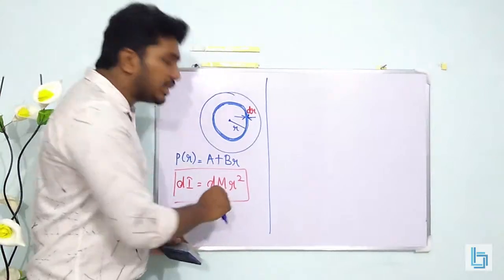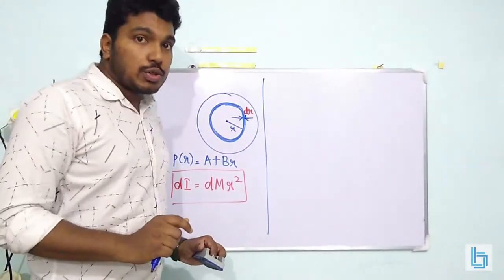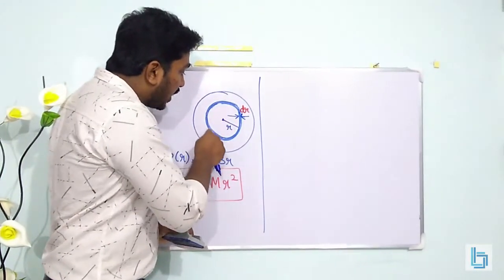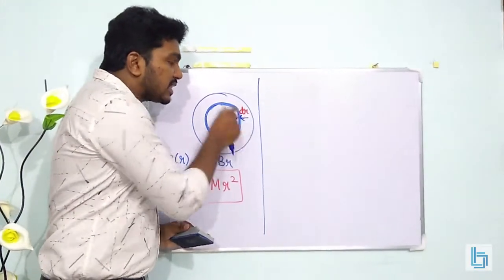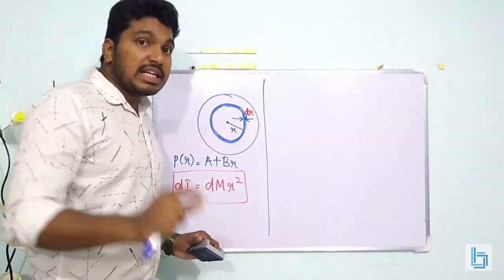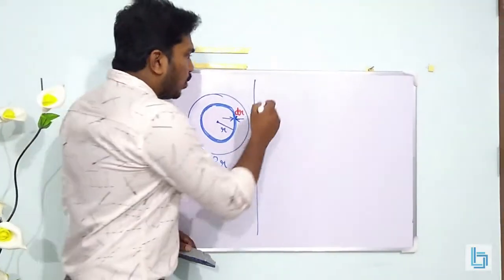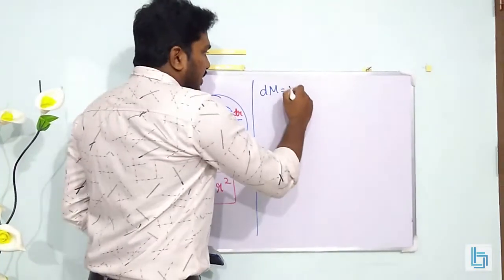First of all, we need to determine what dm is. dm corresponds to the mass of a small ring I have taken here. This ring has a thickness dr and is at a distance r from the center. We know that mass corresponds to volume into density.